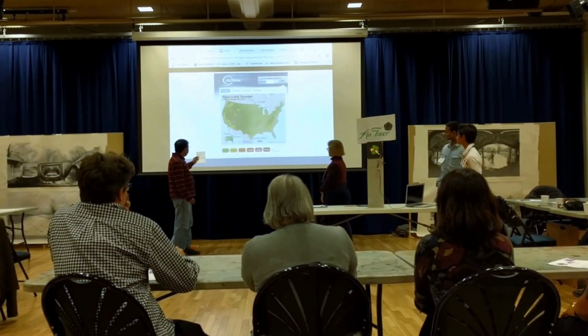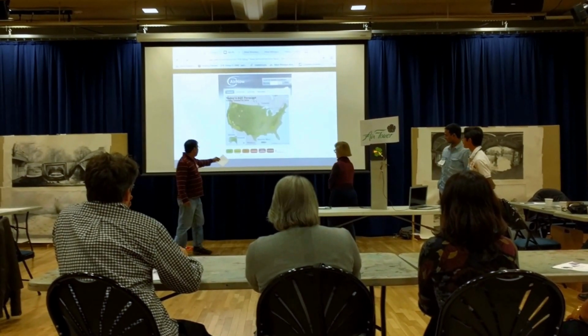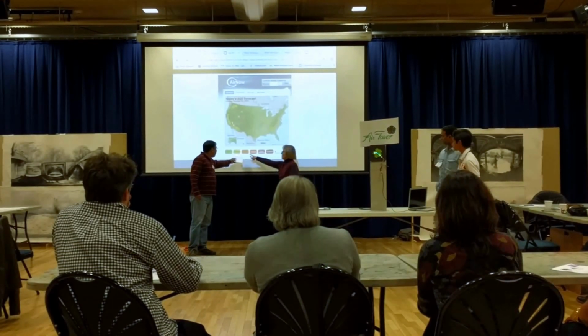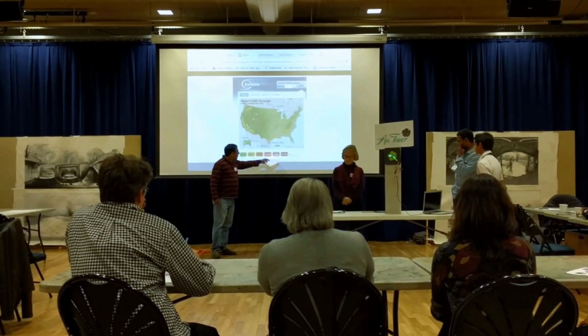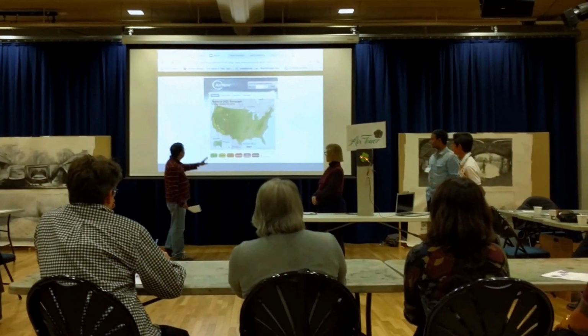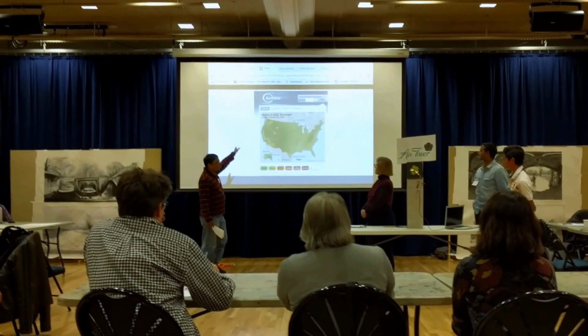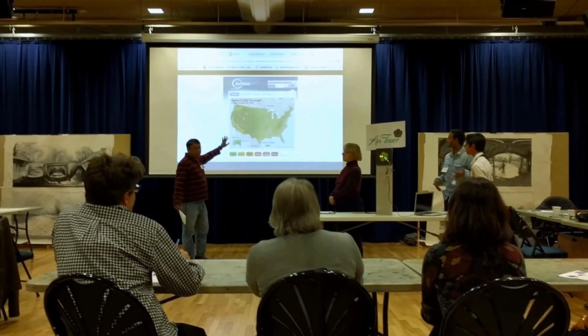So we have good, moderate, unhealthy for some groups, unhealthy, very unhealthy, and hazardous. This is showing the air quality forecast for today over the whole of the US.